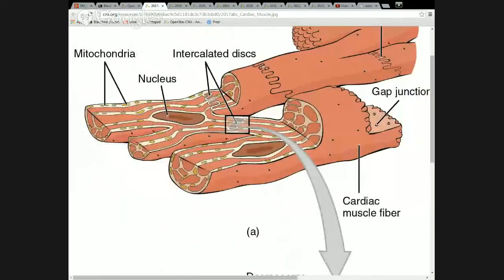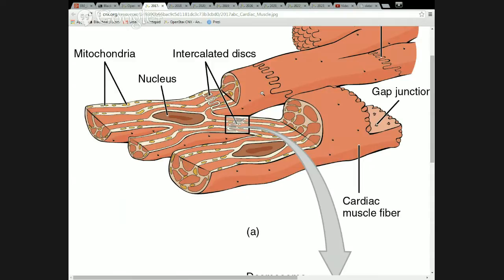They stain darkly because where the cell membrane from one cell comes together with the cell membrane from another cell, they are held together by some proteins. And those adhesion proteins pick up a good bit of stain, and so we can see that in the tissue when it's stained well.